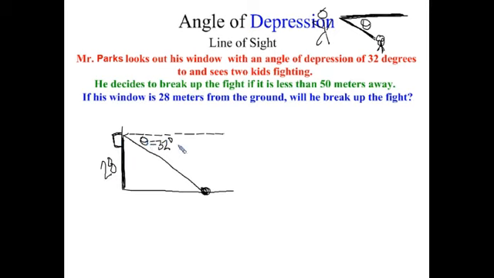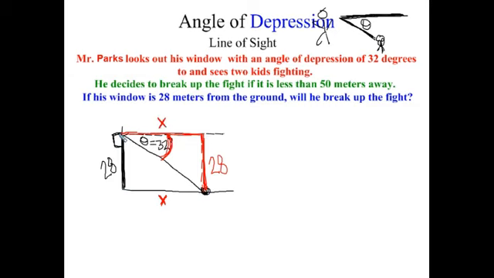Alright, so let's take a look at this. What we can do with these angles of depression is form another triangle to help us, because we know this distance is 28, and this is the angle we're focusing on. If this distance is 28, that means this distance is 28 as well. And if we're trying to figure out how far he is away from the children, we're trying to figure out this ground distance, but notice how this ground distance is the same distance formed up here.